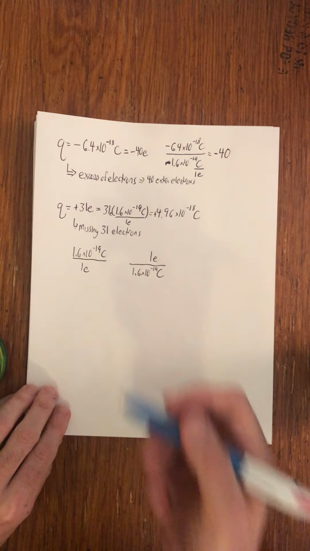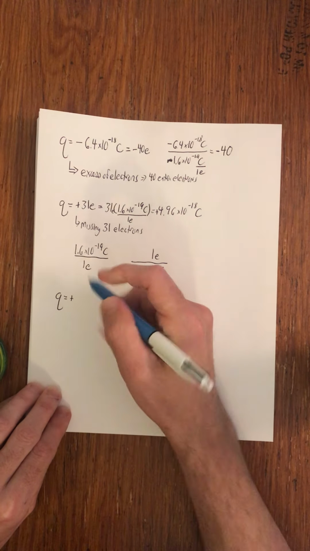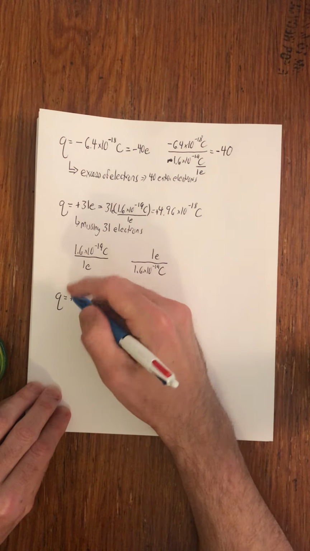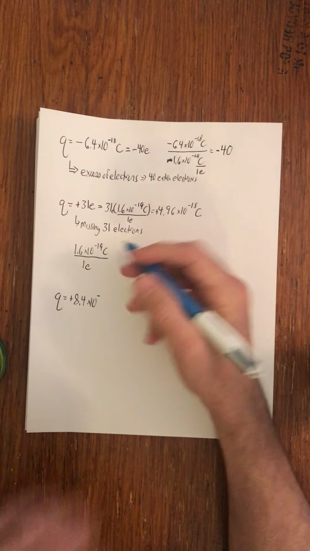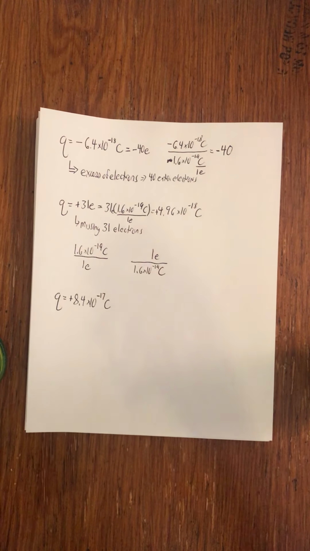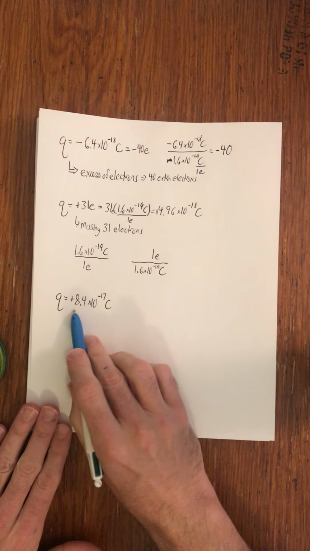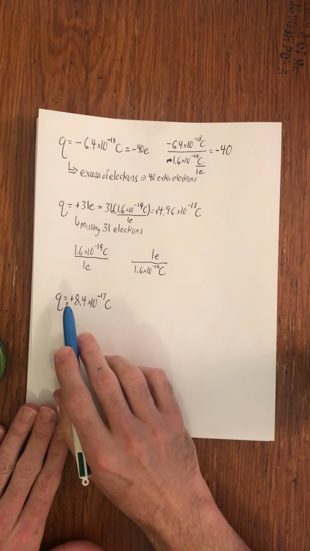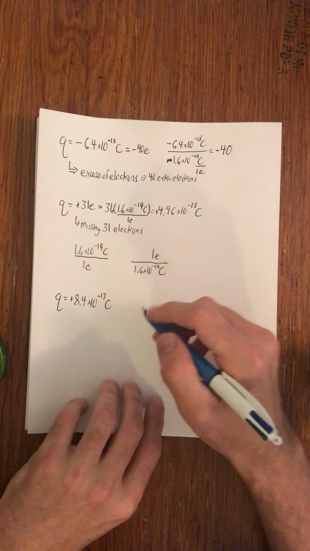All right, so let's look at another. Let's say Q is equal to positive 8.4 times 10 to the negative 17th coulombs. All right. Well, what happened to that? Okay, well, this thing apparently has missing electrons. If we convert this into number of elementary charges, we can see how many pretty easily.